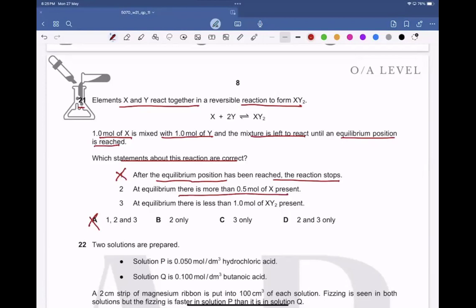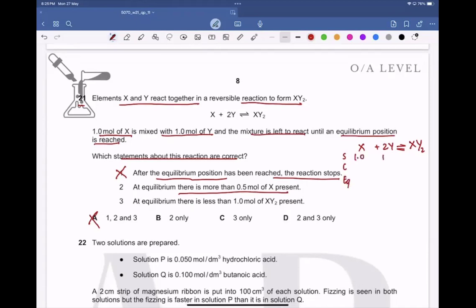At equilibrium, there is more than 0.5 moles of X. You can do the same thing as I did earlier to understand this: start, change, and end, or equilibrium. So at start, there is 1.0 and 1.0. At equilibrium, there is more than 0.5 moles of X present.